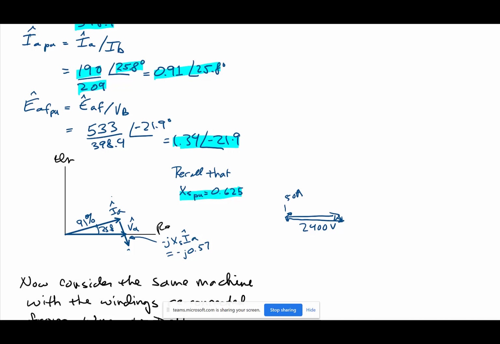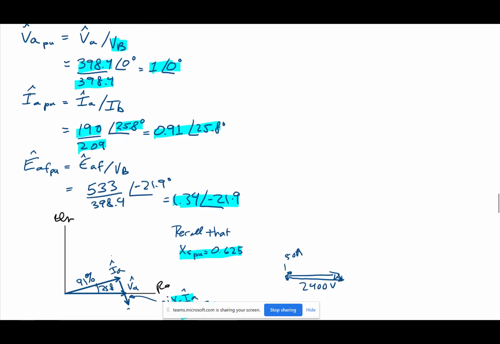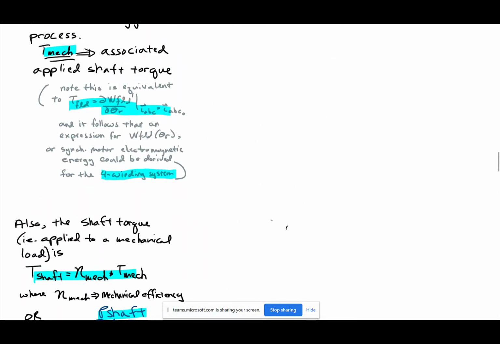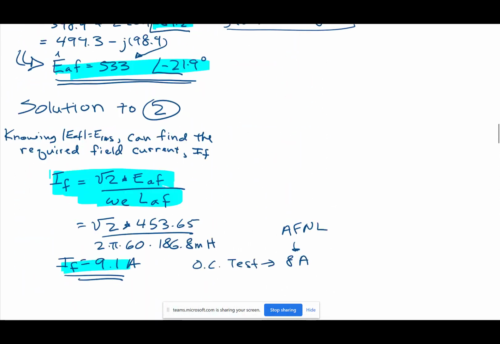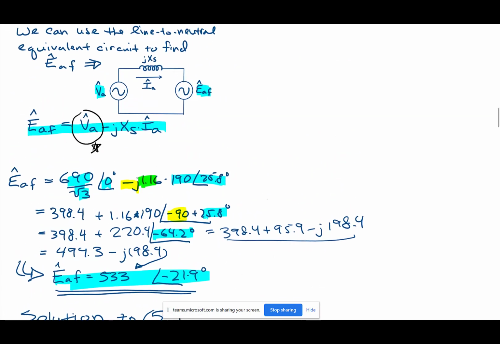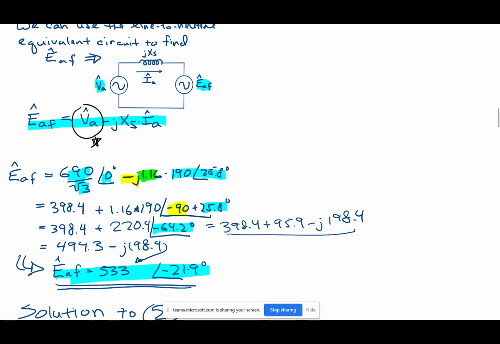So you take 0.625 times 0.91, you get 0.57, but then we have to do this addition right here. We're doing this math.